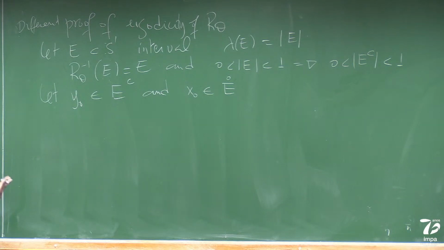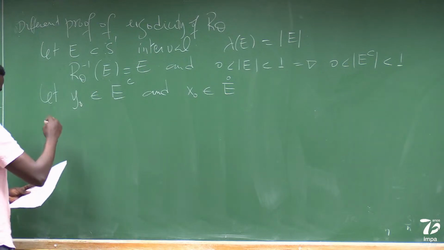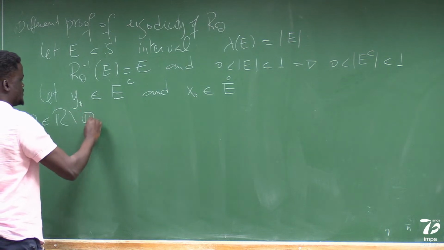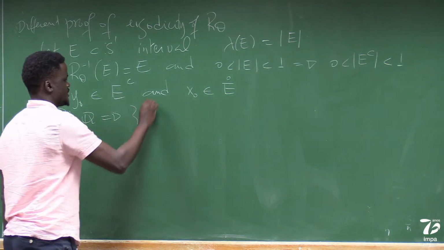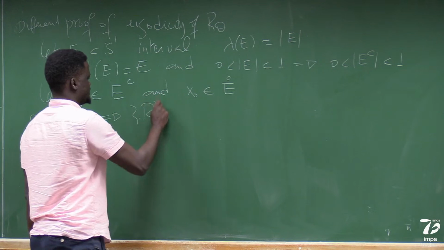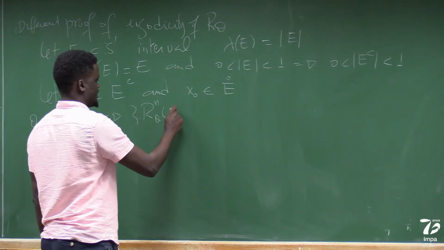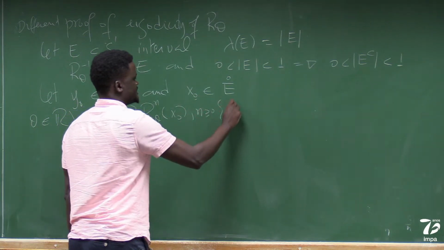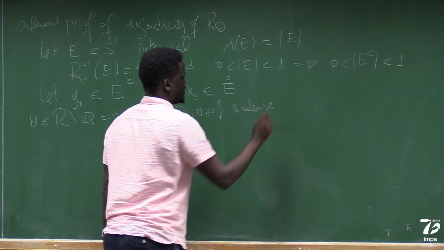So here the key property that uses irrationality of theta is that every orbit is dense. Okay? Every orbit is dense. So theta in R minus Q implies that the orbit of x naught under R theta, we have proved this, is dense. Okay.